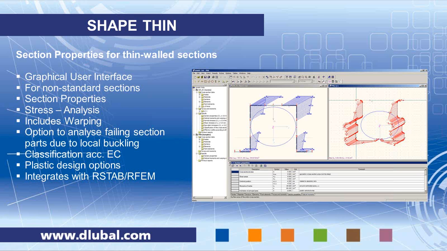It also comes with a classification according to Eurocode for general cross-sections, and it has plastic design options. It is also capable of importing internal forces from RSTAB or RFEM, or you can, as you like, manually enter some internal forces. We will see this module live, presented by Chelsea in a few minutes.